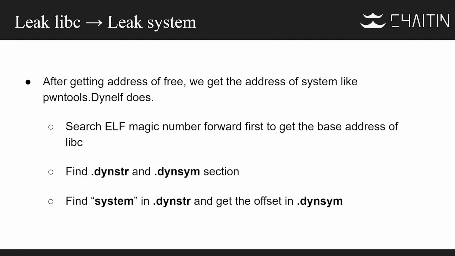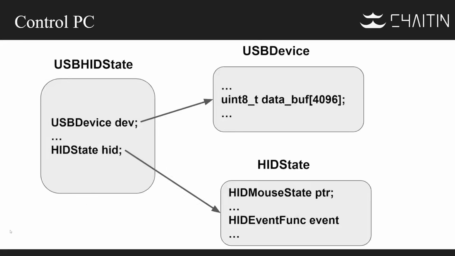And finally, we search for the system string in the dynstr section and get the offset of the system function in the dynsym section. Now, we get the address of the function system.